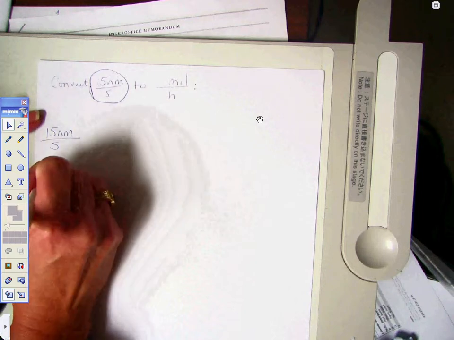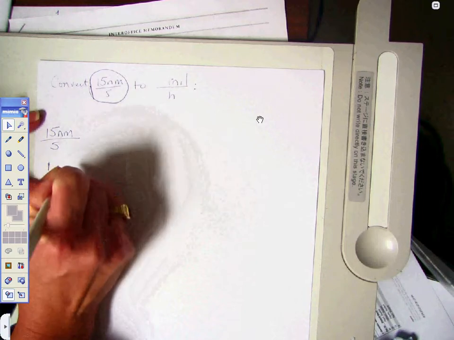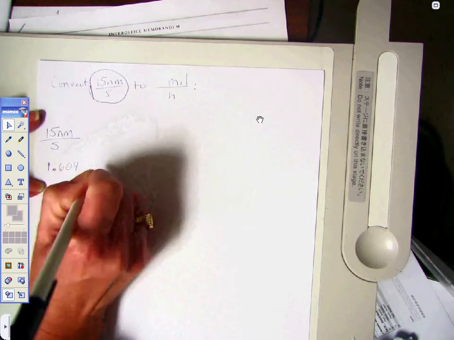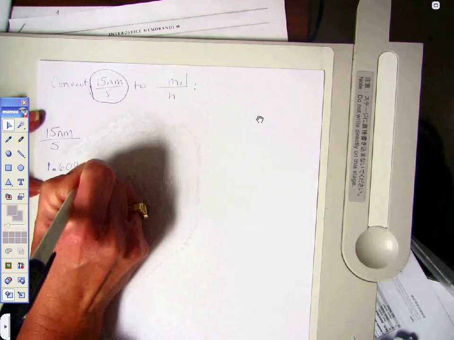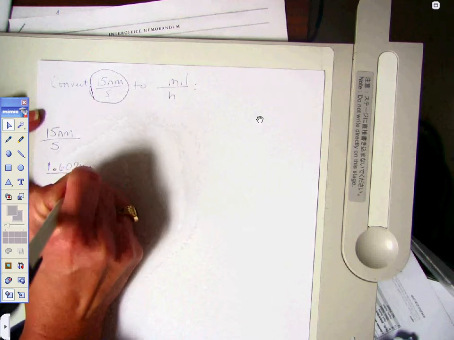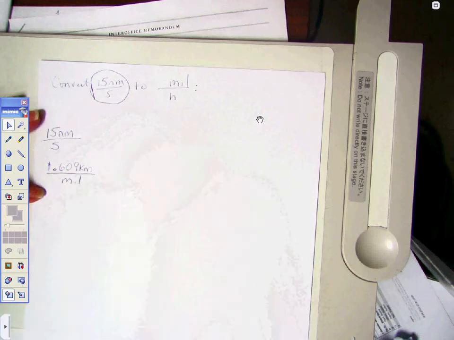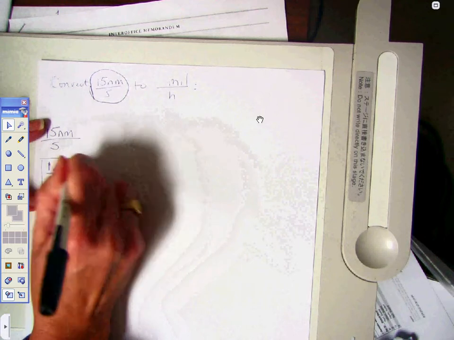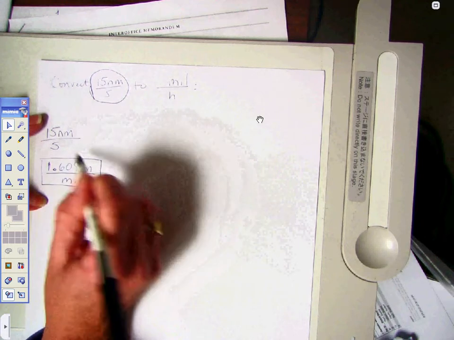So this conversion factor I can look up, and I know that there's 1.609 kilometers in a mile. So that's great, but I don't have kilometers here. I have nanometers.